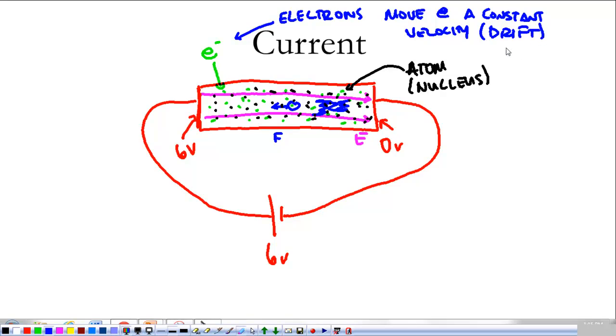We won't have to calculate it or anything like that, but they move very slowly through the wire. And not just one electron, but all of the electrons tend to move at this slow, constant velocity all the way through this piece of metal. And so what we have is charge moving. We have charges move because of the battery.